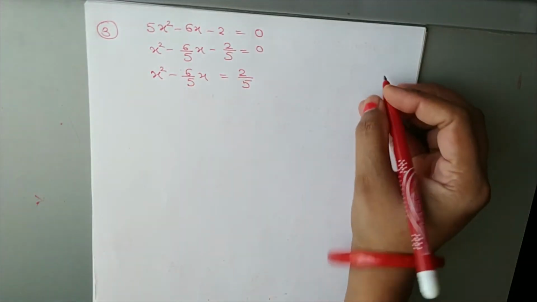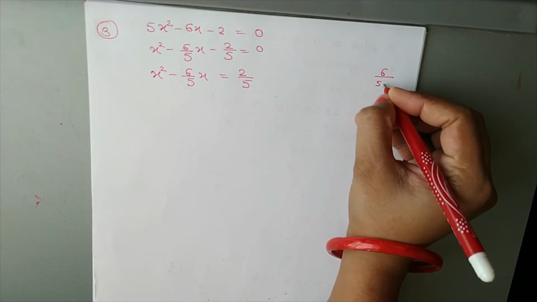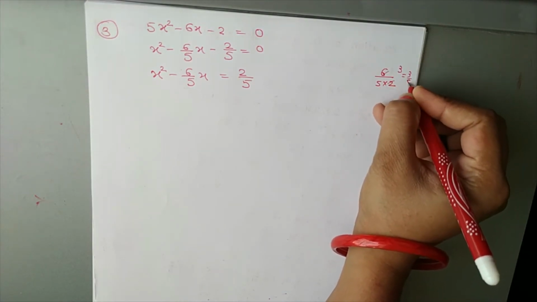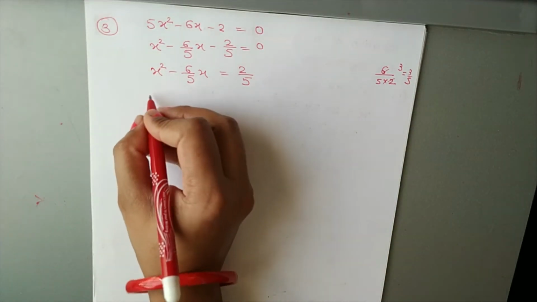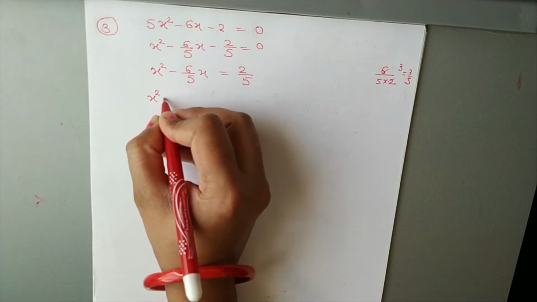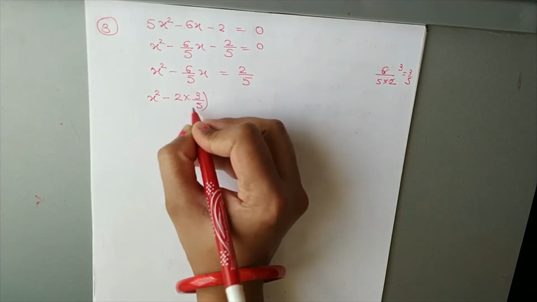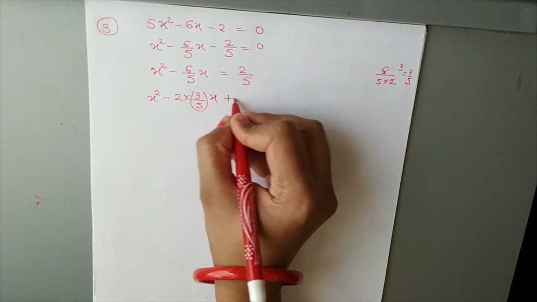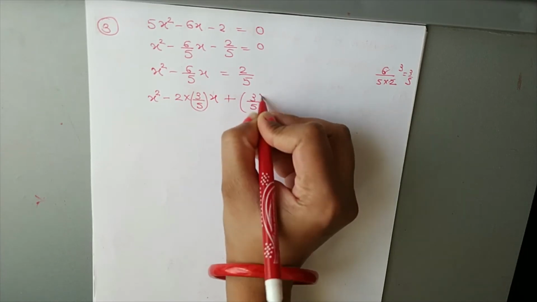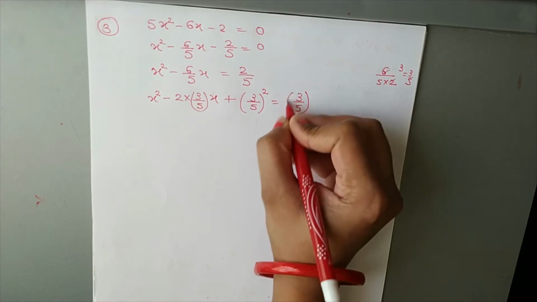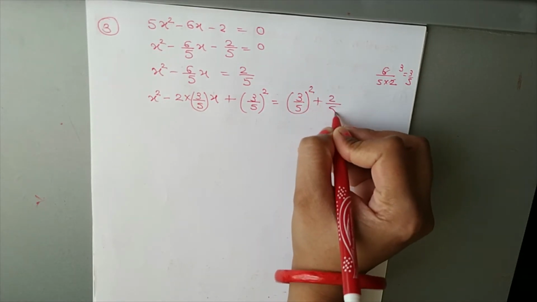Then 6 by 5 divided by 2, so it will be 3 upon 5. Okay, so it can be written as x square minus 2 into 3 upon 5 x, then plus 3 upon 5 whole square, then 3 upon 5 whole square plus 2 upon 5.